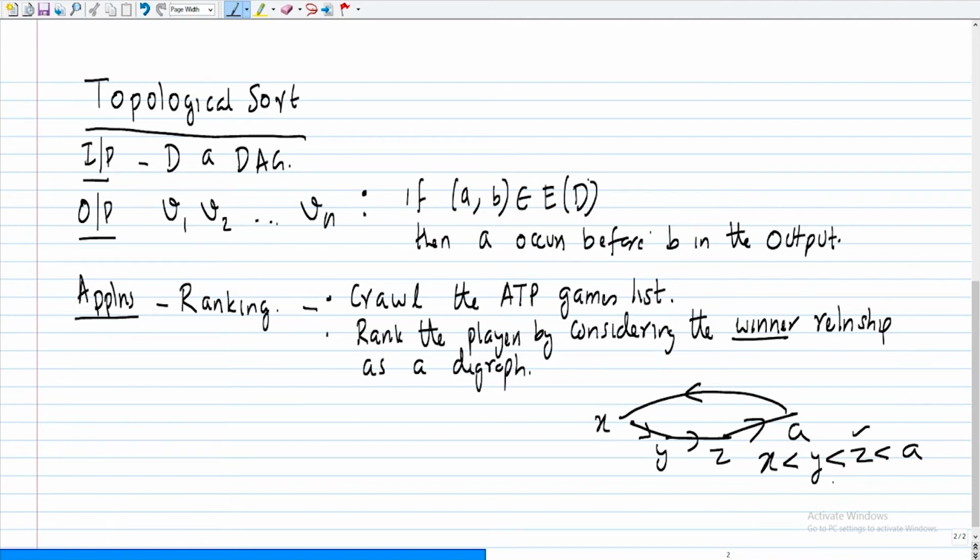You can go and rank, for example, the shares of different companies based on their behavior. You can ask a set of stockbrokers in the market, look, among these two shares, which one would you prefer to own for this period of time, which one would you prefer to sell? Somebody says, I prefer this stock over this stock, then you consider that one stock has defeated the other stock.